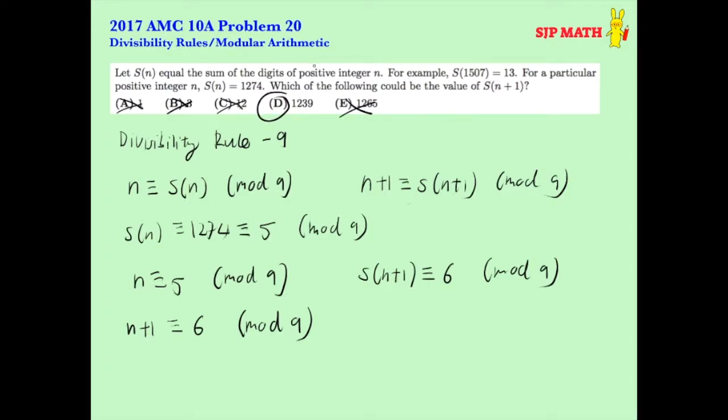So overall, this problem has a pretty simple solution, but it's a really creative solution, because if you just read the problem, it doesn't really seem like a divisibility rule problem or a problem that uses remainders and modular arithmetic, but we use that method to really easily get an answer for this problem.